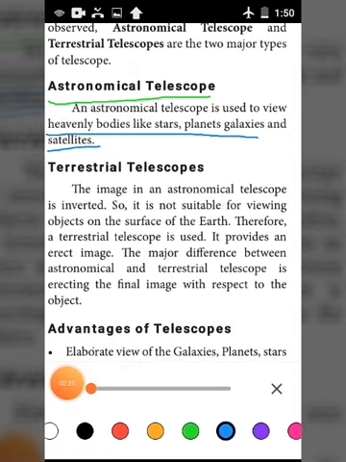The astronomical telescope is used to view heavenly bodies, for example stars, planets, galaxies and satellites.